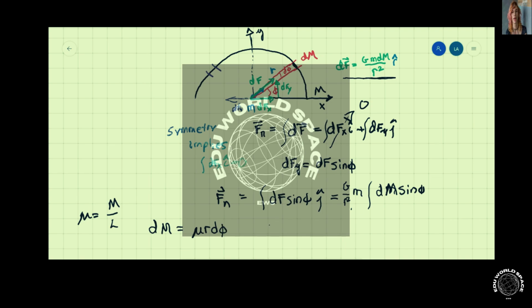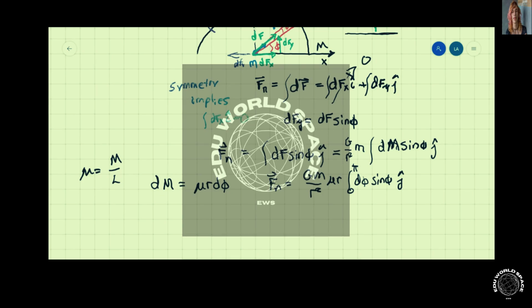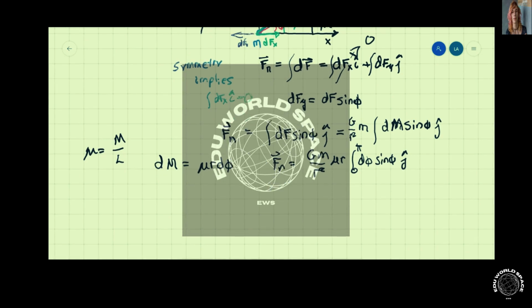And we can plug that in there now. And we get G little m over r squared times mu times r times d phi sine of phi, from 0 to pi, j direction. Okay, and we do this integration.